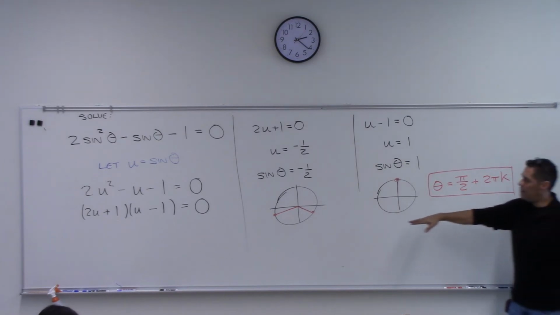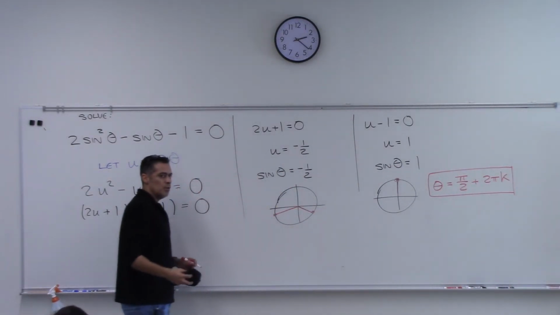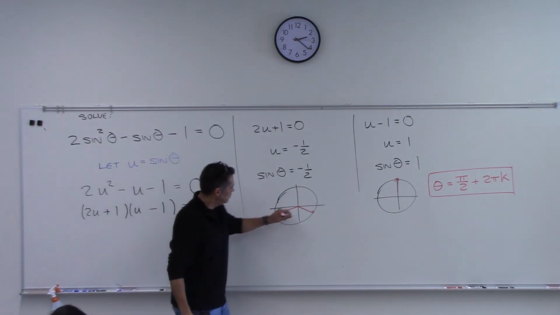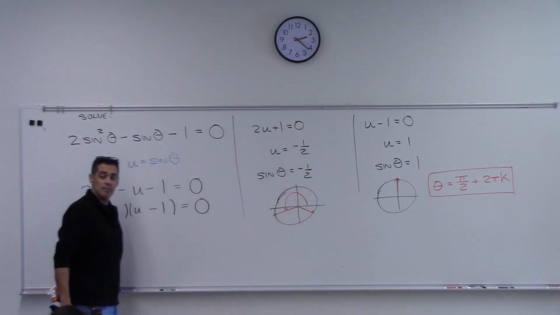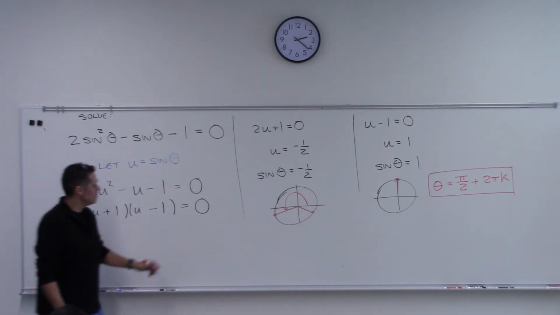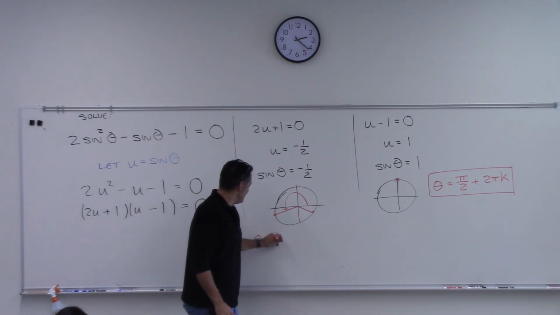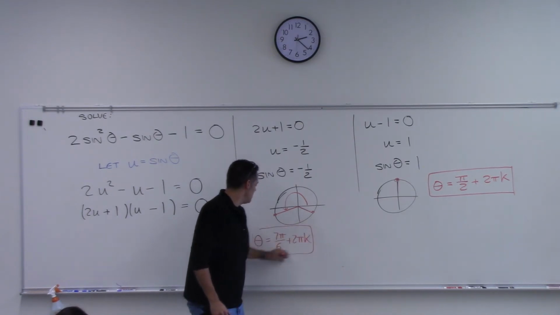All right. How about over here? Who wants to give me one of the general solutions here? Someone new. Pi over 6 plus 2 pi k. Thank you. Theta equals 7 pi over 6 plus 2 pi k. That's that one.